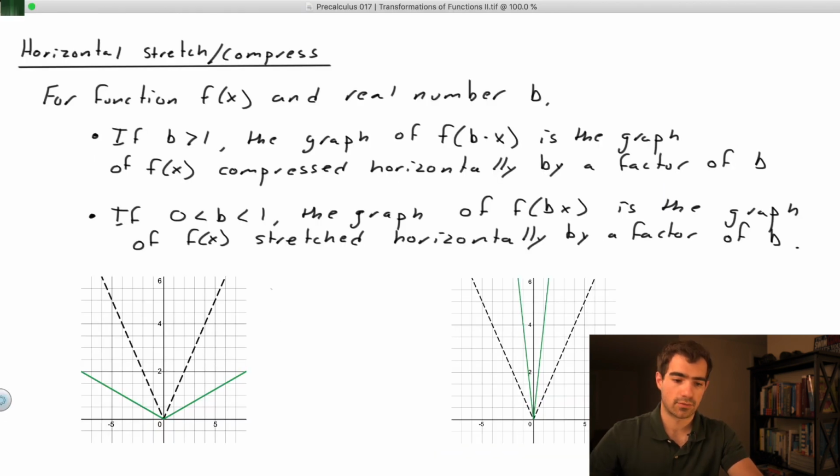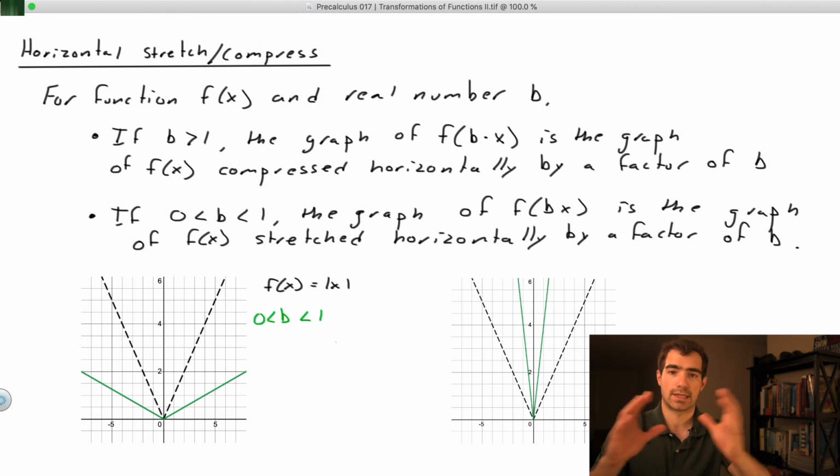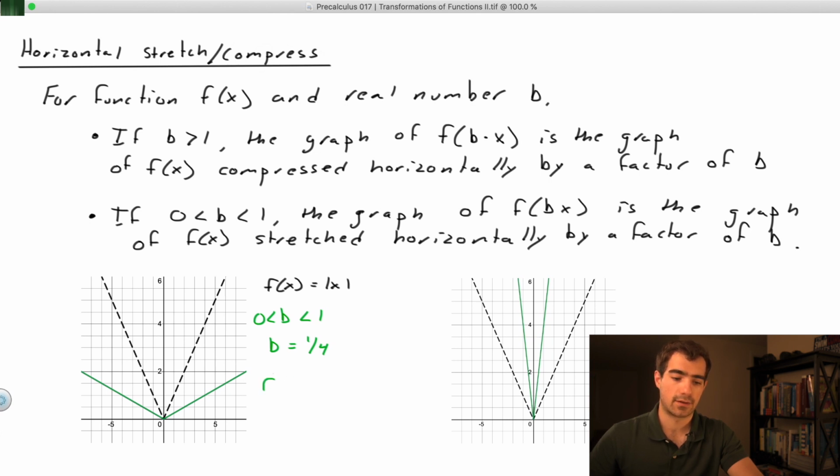And so again, with our original function f of x equal to absolute value of x in the dashed black line, we can take our transformation in the case where b is between 0 and 1, where this is going to stretch the graph horizontally, it's going to get wider. In particular, we have b equal to 1/4 here, and this function graphed in green is f of 1/4 x, or in other words, the absolute value of 1/4 x.